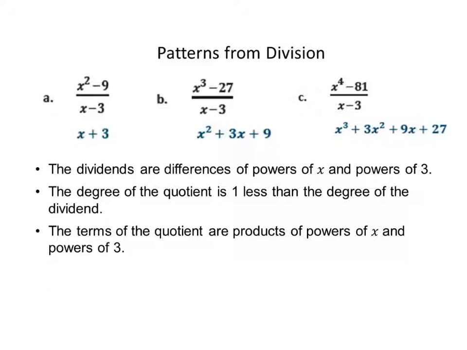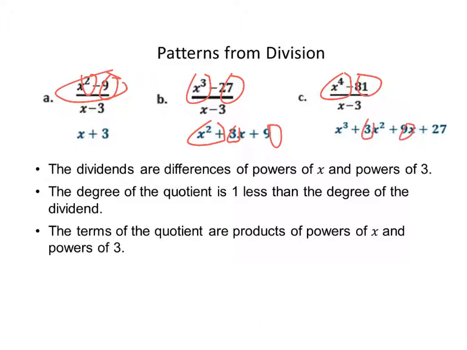Okay, so the next observation is that the terms of the quotient are products of powers of x and powers of 3. So not only do we have up here powers of 3, we have powers of x and powers of 3 over here. We also have in the answer power of x and then power of 3.